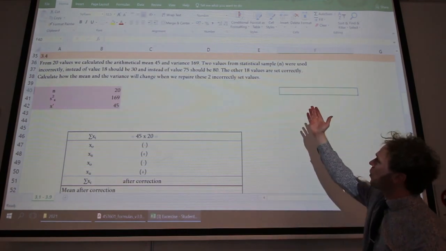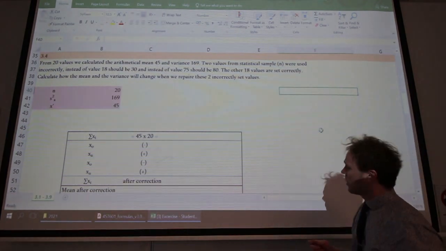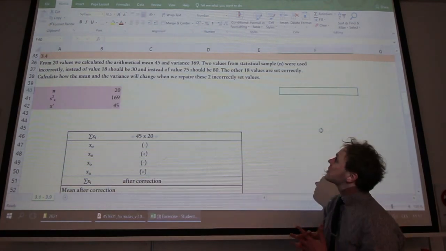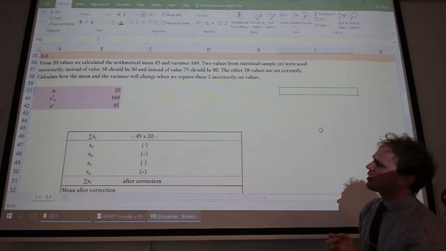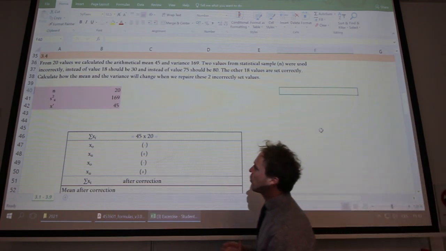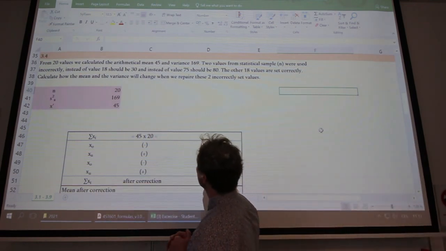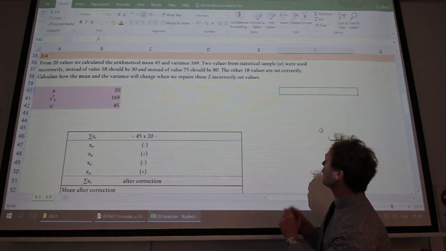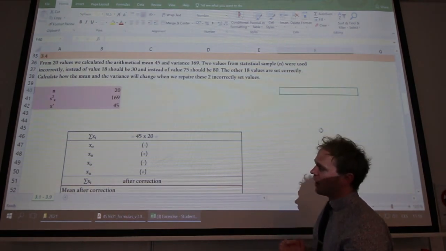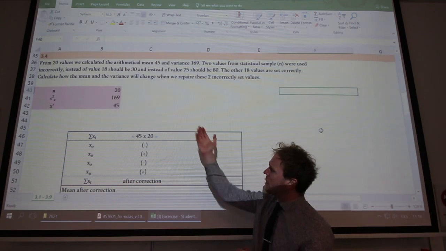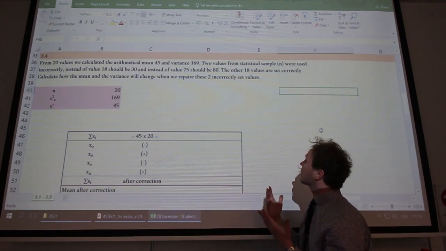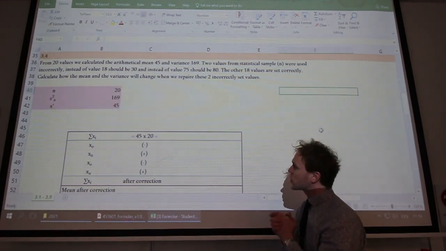Two values from this sample of 20 values were used incorrectly. Instead of value 18 should be 30, and instead of value 75 should be 80. The other 18 values are set correctly. Calculate how the mean and the variance will change when we repair these two incorrectly set values.